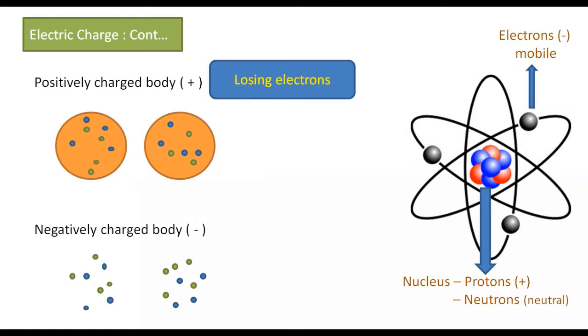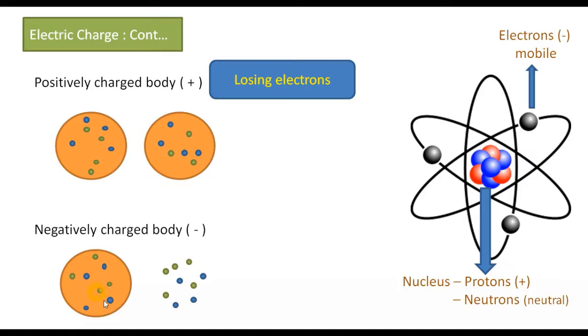Now in a similar way, we can explain what we mean by negatively charged body. It means that the overall charge of a body is negative. That means there should be more electrons, because electrons are negatively charged. So in this case, this atom has equal number of electrons and protons. You can see 4 electrons and 4 protons.